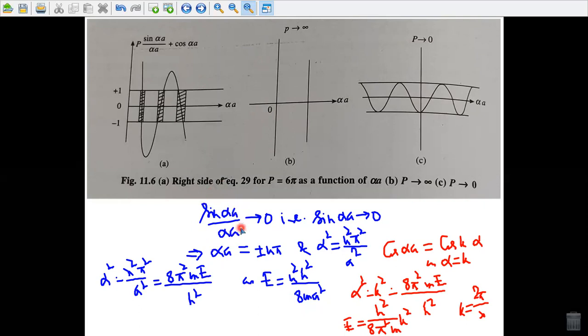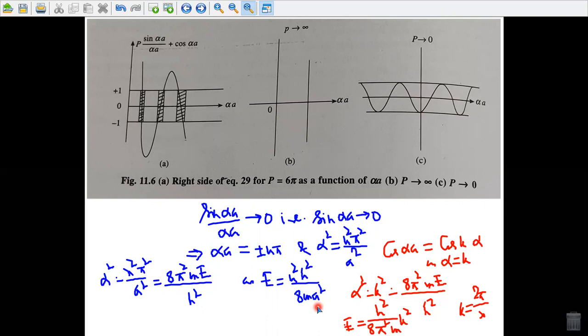sine alpha a by alpha a tends to 0, that is sine alpha a tends to 0. That is, alpha a is equal to plus minus n pi, and alpha square is equal to n square pi square by a square. Putting the value of alpha square, that is 8 pi square m E by h square, E becomes n square h square by 8 m a square.